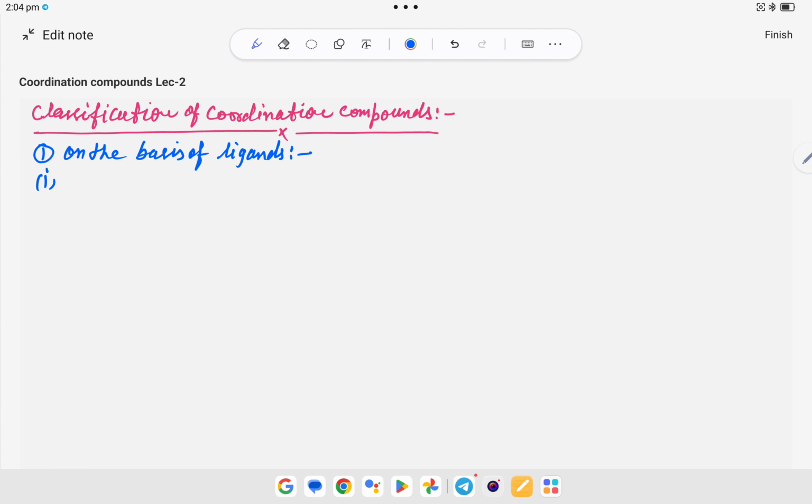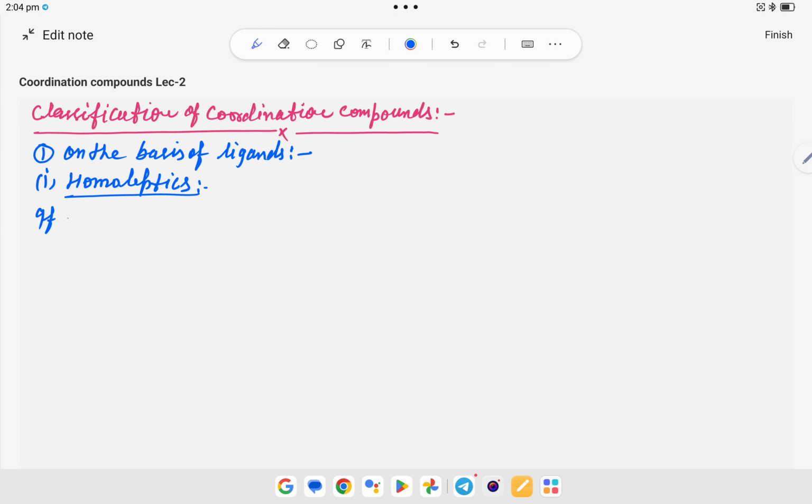First one is homoleptic. Homoleptic if all ligands attached to the CMA are the same. How will you identify?